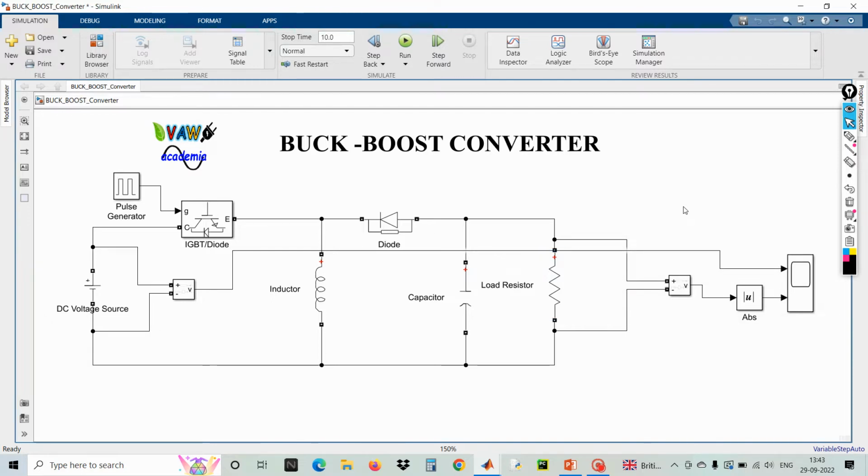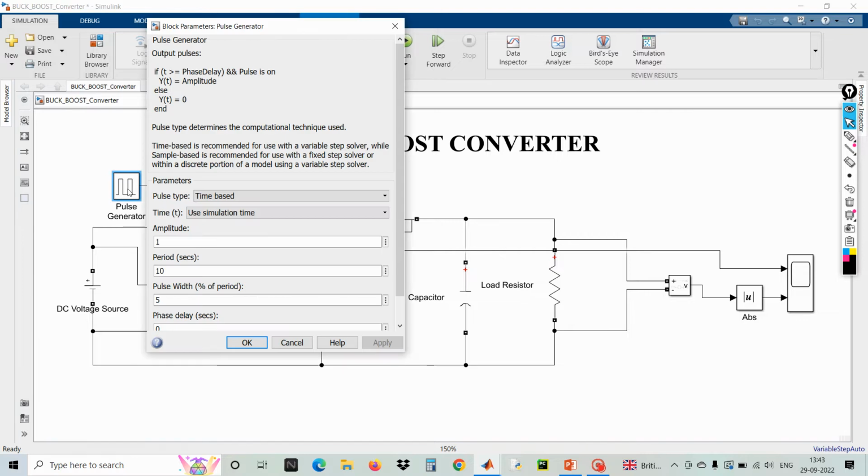Okay, fine. And in the pulse generator, first I will fix the period as 2 e power minus 5. Actually, this 2 e power minus 5 indirectly mentions the switching frequency.